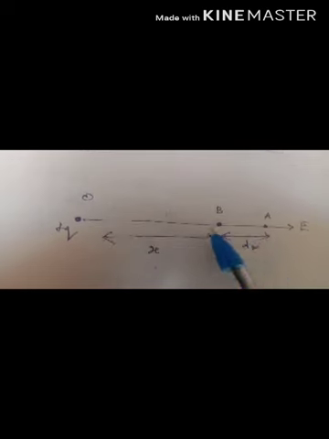The distance between A and B is dx, and the distance from plus Q to B is x.